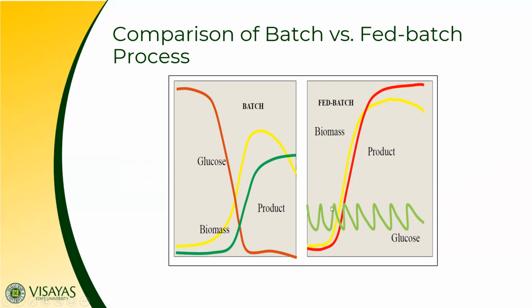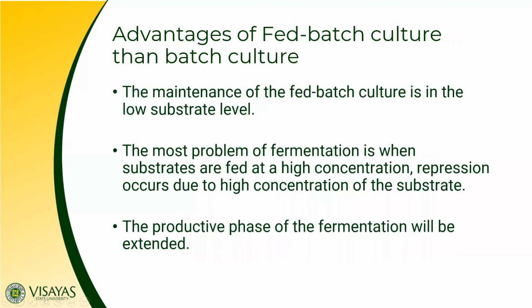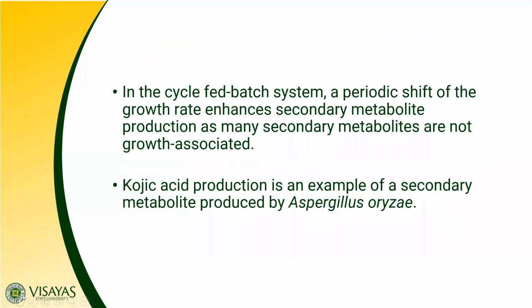It is constantly increasing. So that's the advantage of the fed batch process: the productive phase of the fermentation is extended, so a high concentration of the product is produced.